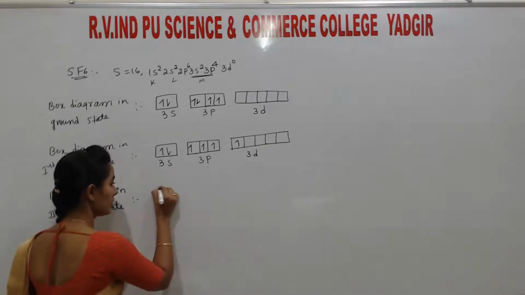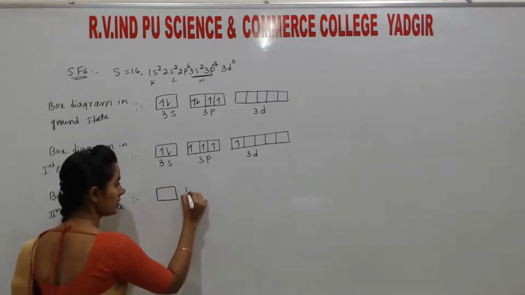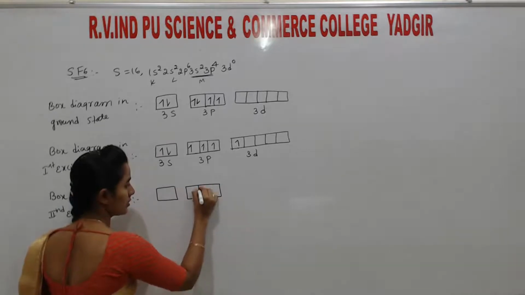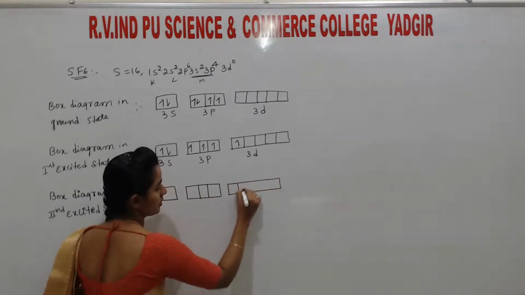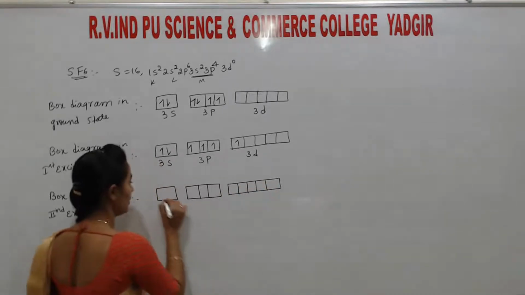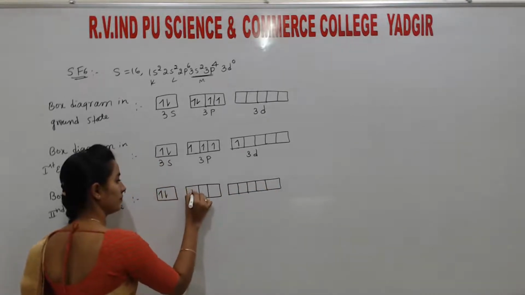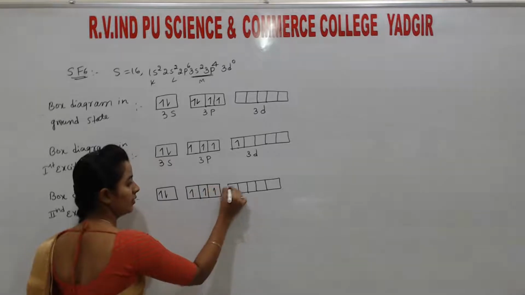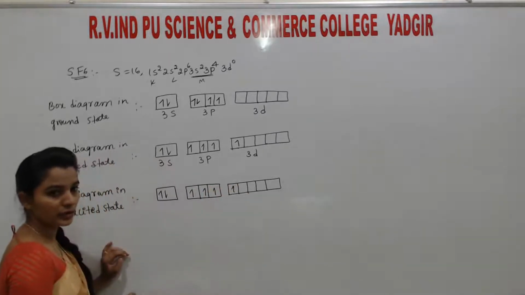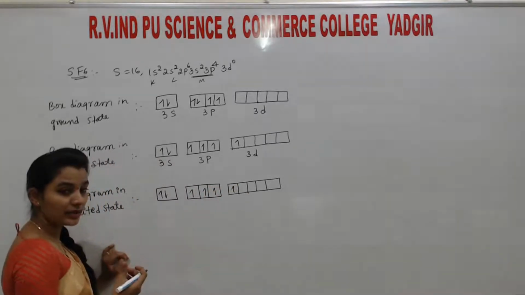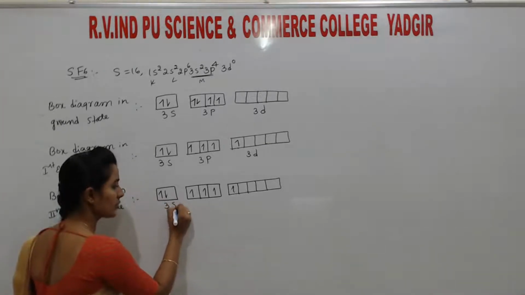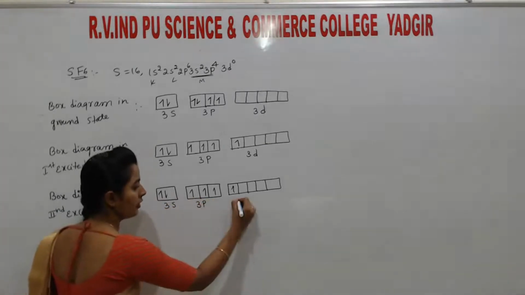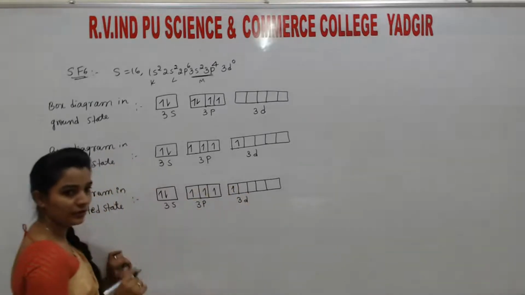In this, of course, this is 3s, this is 3p, this one is 3d. This is our present electronic configuration. Students, next, in the double excitation, what happens? Which one is the paired electron here? This 3s is paired, 3p is half filled, 3d is incompletely filled.